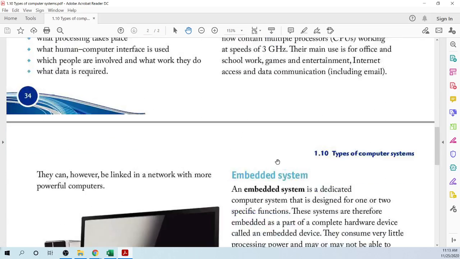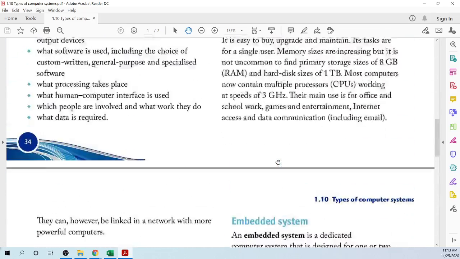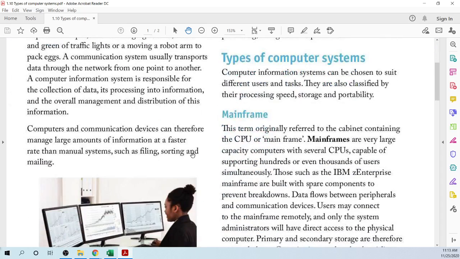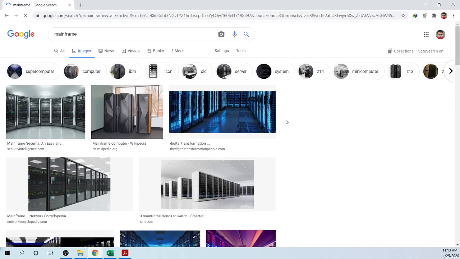So let me see if we have an example of a mainframe. Right.